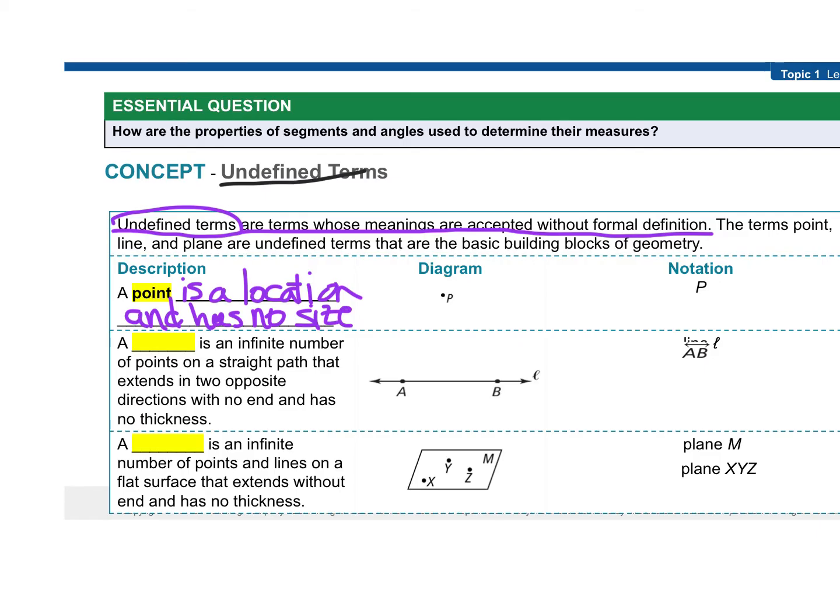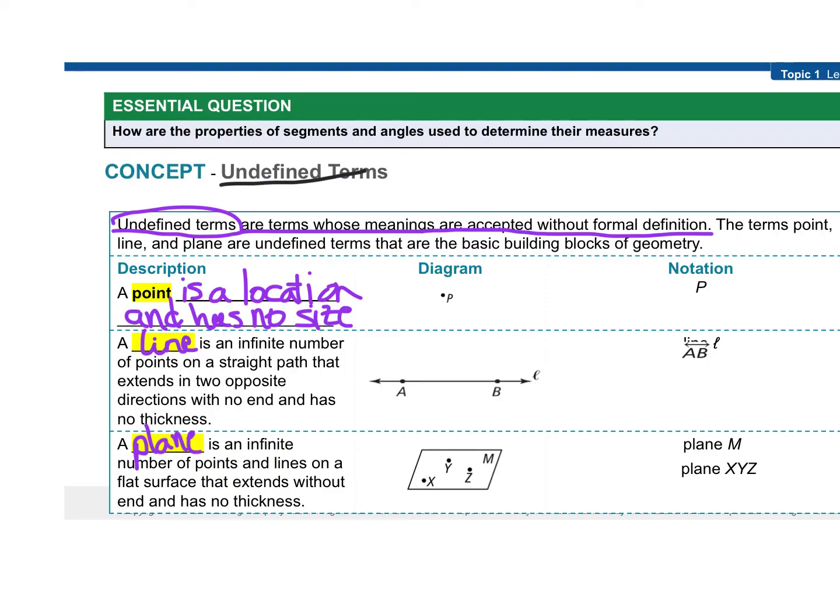And then we have a line, which is an infinite number of points on a straight path that extends in two opposite directions with no end and has no thickness. And then a plane is our third undefined term. It is an infinite number of points and lines on a flat surface that extends without end and has no thickness.